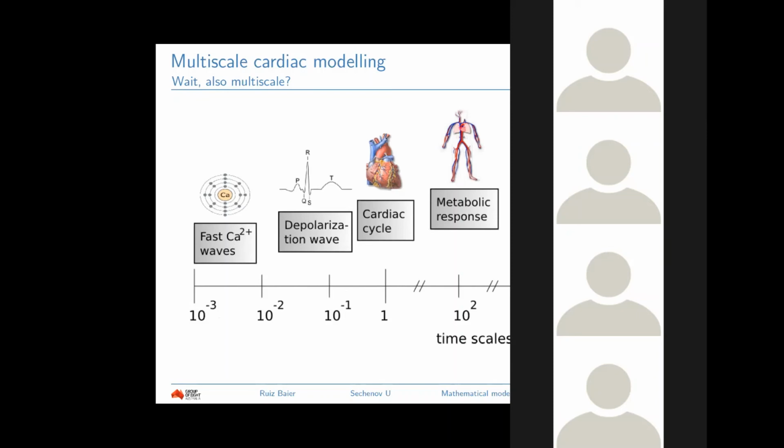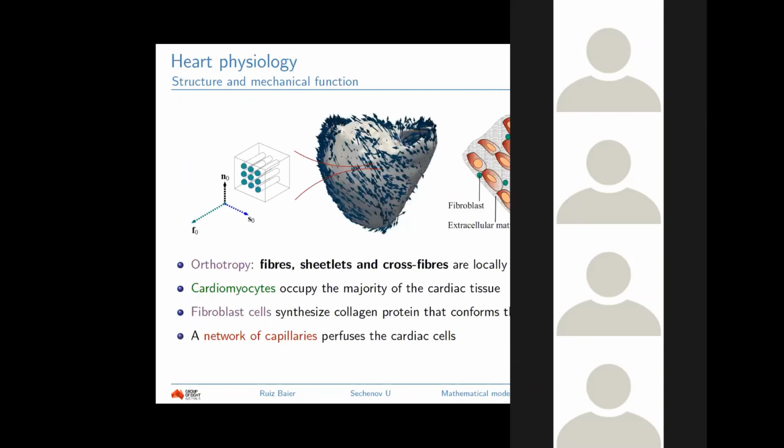And at some point, to some extent, you want to make the connection between the timescales too. So you realize that you have a very complicated issue, not just because you have several space scales and time scales, but also because you have multi-physics.